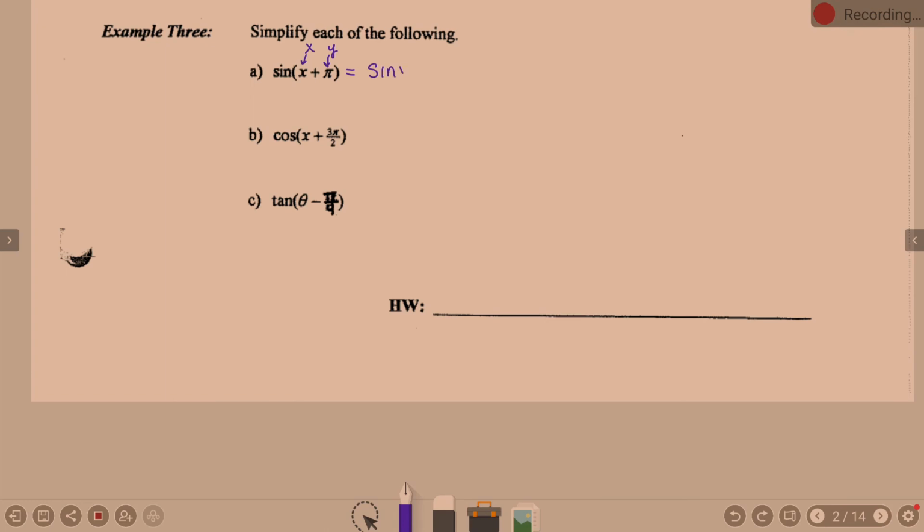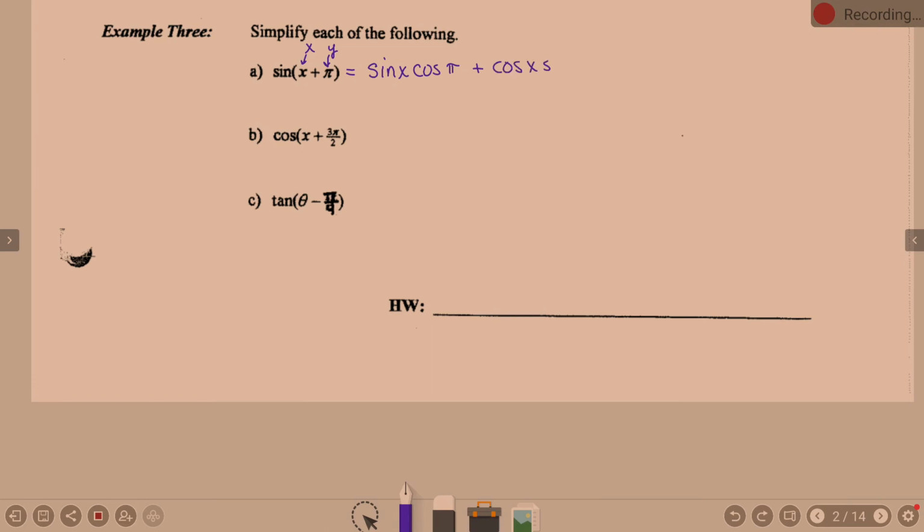Sine x and cosine pi, because it's sine x cosine y. It's a plus sign in the original problem, so what's that mean in the middle here? It's another plus sign. With our sine identity, it stays the same. This time, we're going to keep x and pi, but we're going to flip-flop our sine and cosine.